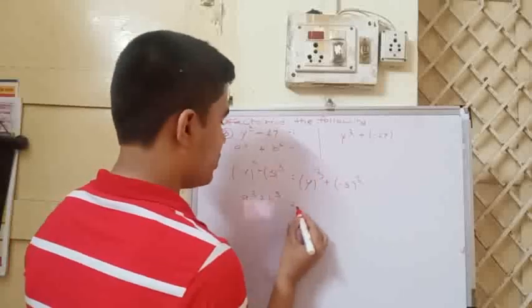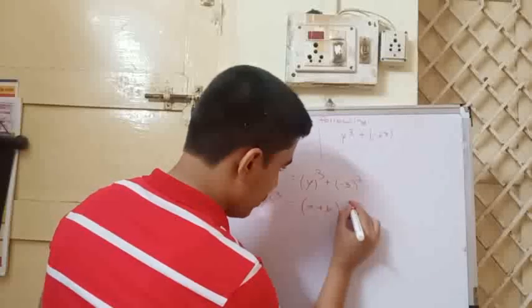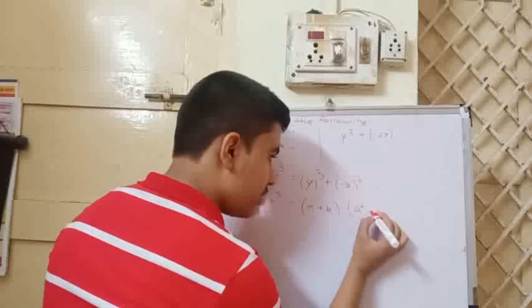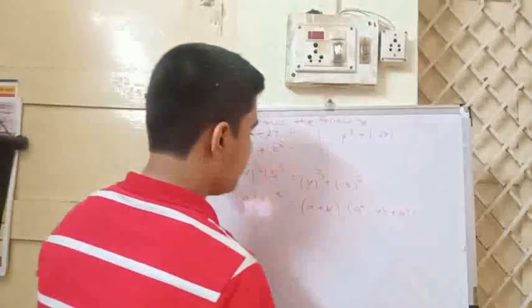A cube plus b cube is equal to a plus b into a square minus ab plus b square.